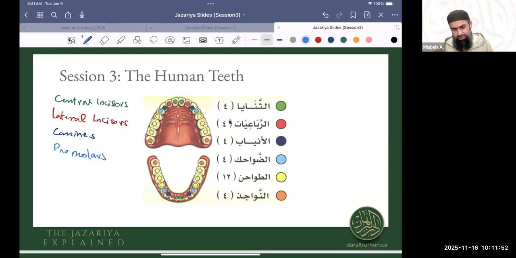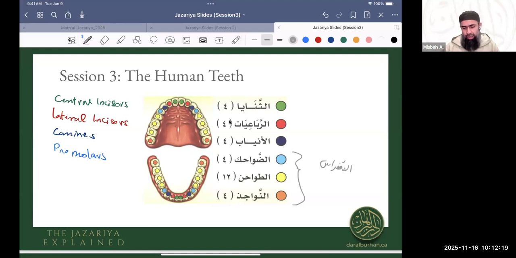And on that note, these are all considered as al-adras. Okay? Premolars and molars all together, and the wisdom teeth. Okay? In Arabic, we will call them al-adras, just as a common term, and then specifically al-dawahik and tawahin.